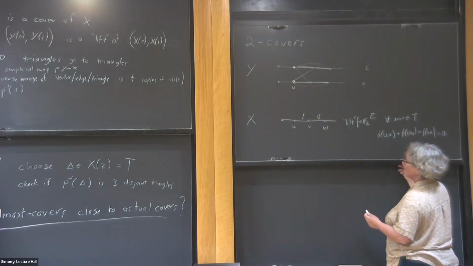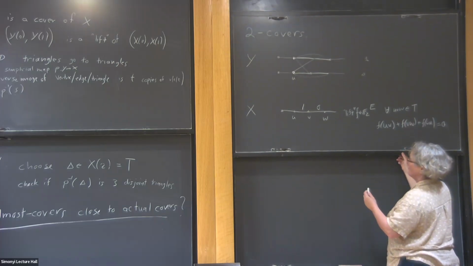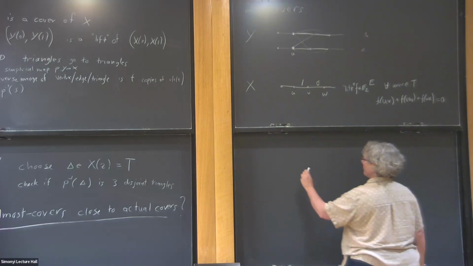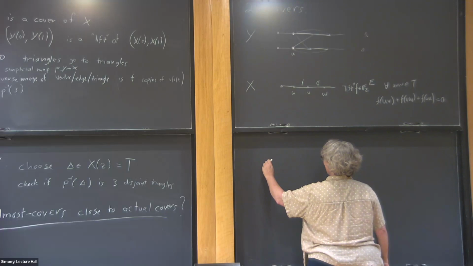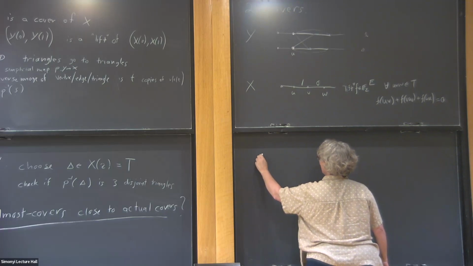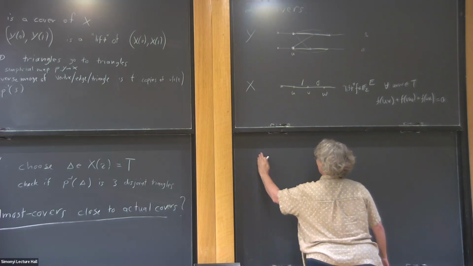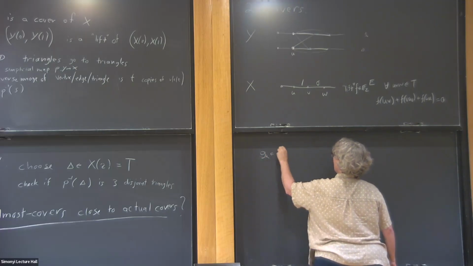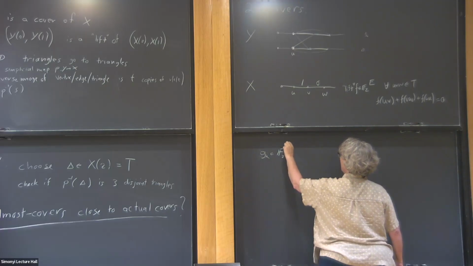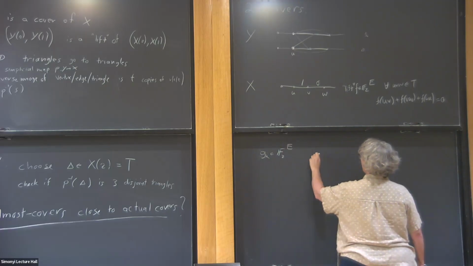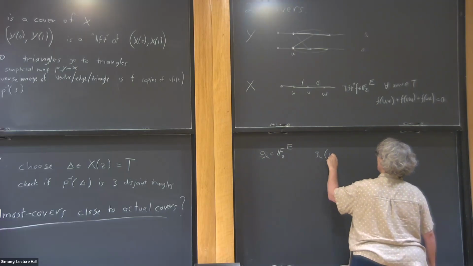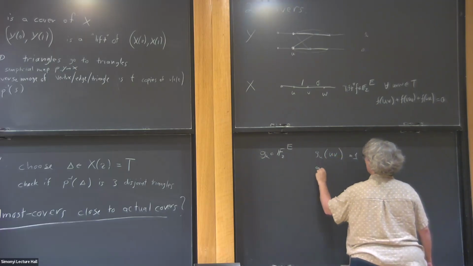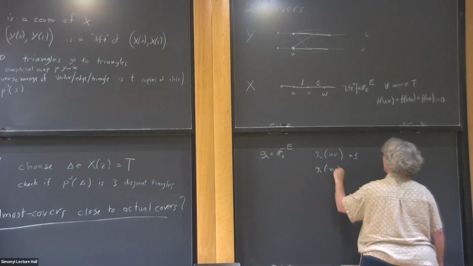I have this function, let me call it G sub U. It's a function in F2 to the E. And this G sub U, for every UV, for every neighbor of U, is 1, and G sub U for any other edge, say VW, is 0.